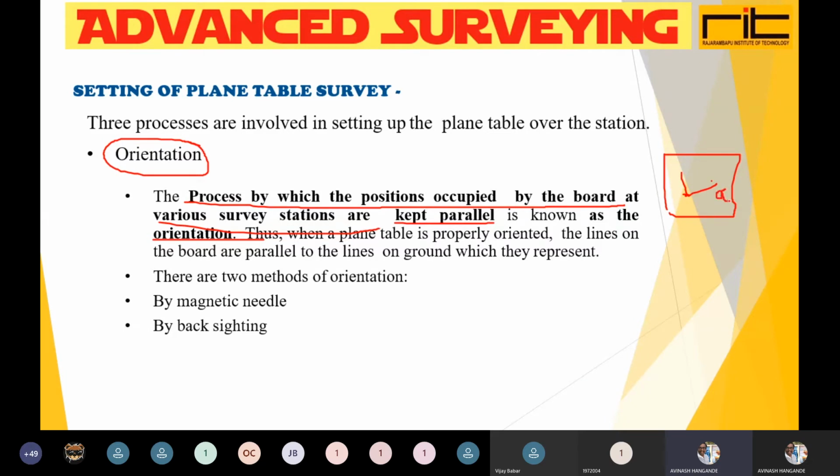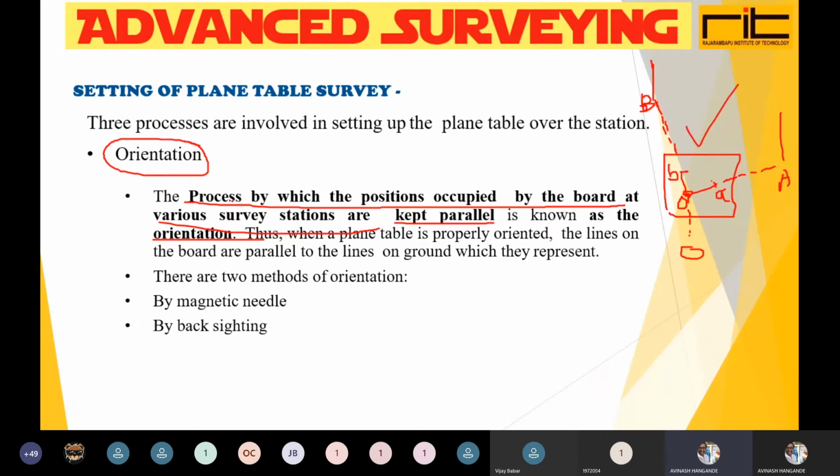So here we have point A, here we have point B, and here suppose we have point O. Remember that whenever these lines A to O and O to B coincide with the line shown in the dotted one, then we can say our table is oriented.